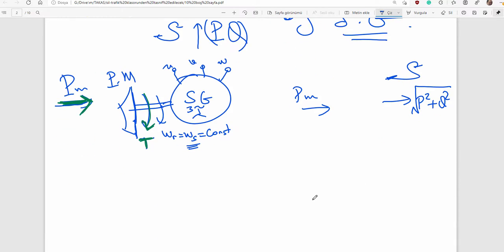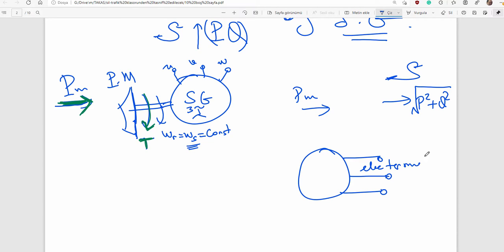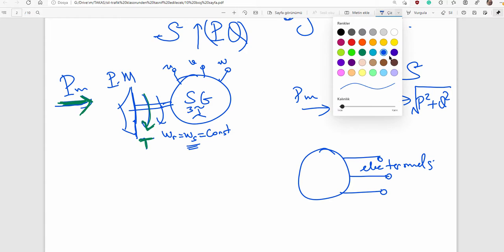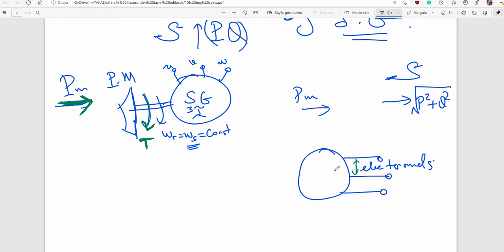Okay. On the terminal, here are the electrical terminals. On the terminals, you observe some voltages. Let me say line to line voltage. Here you see on the terminal I1L, line current, line parameters in terms of line values.